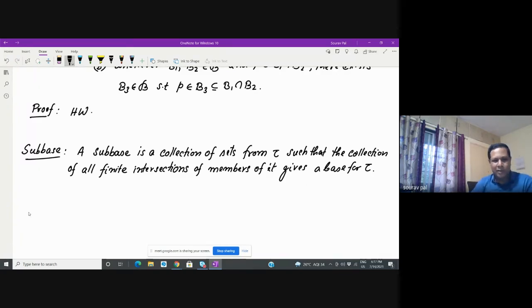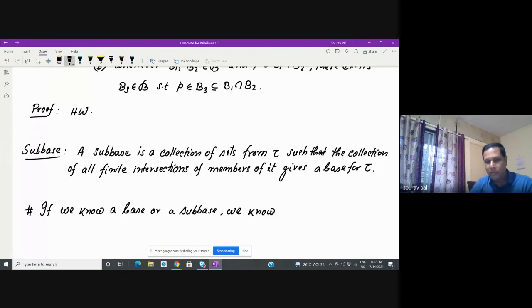So it's just a remark: if we know a base or a subbase, we know the topology.